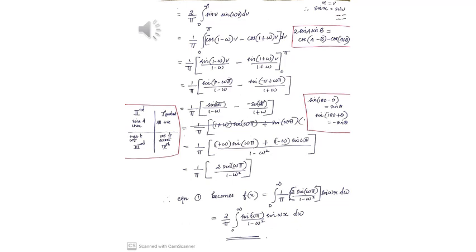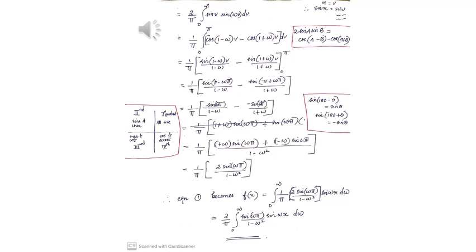Coming to the sixth step, it is 1 by pi. Now, taking the LCM, 1 plus omega into sine omega pi plus 1 minus omega into sine omega pi. Here in the fifth step, in the middle, you are having two negative signs, so negative into negative will become positive.